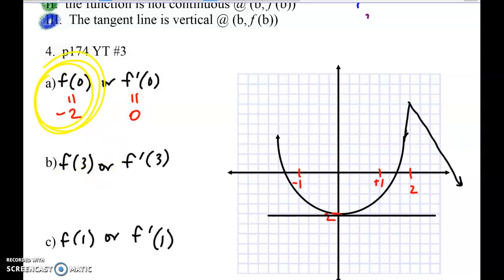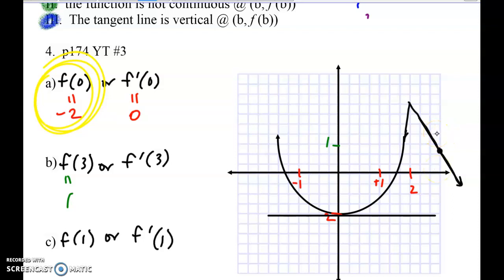F of 3, okay, if we look at 3, oh, that was way off. 3 was about right here. I think the answer was supposed to be 1. Again, my drawing's a rough sketch. If I go over, this was supposed to be 1. Doesn't really look like it, but that's okay. The f prime, the slope of the tangent line to that, well, it is that.